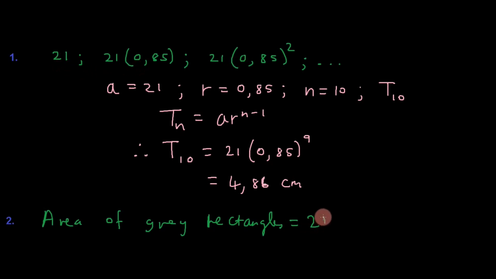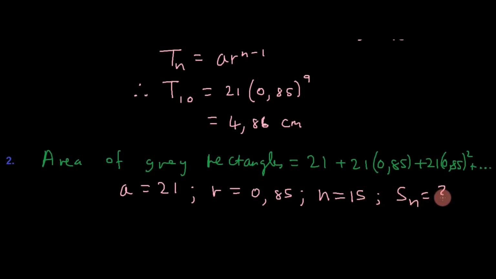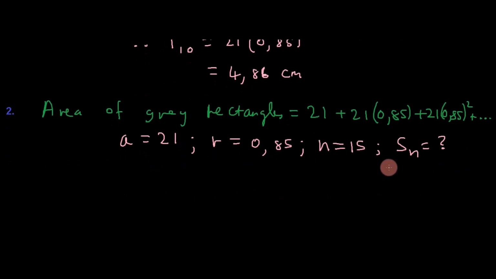So it will equal 21 plus 21 times 0.85 plus 21 times 0.85 squared, etc. So we have a geometric series in this case, with the first term a being 21 and r still 0.85. We figured out that there are 15 gray rectangles, so n is 15, and we need S sub n. So S sub 15.